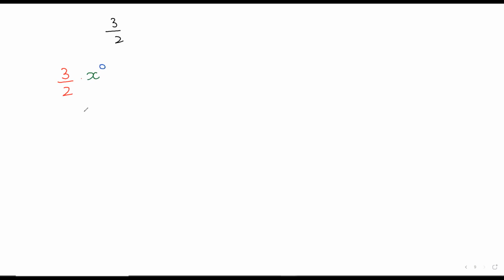And 0 is a whole number. Check. 3 by 2 is a real number? Yes. Check. So it is a polynomial. Is that clear, Hamna? Okay, ma'am. All right. Now let's take a look at another example.